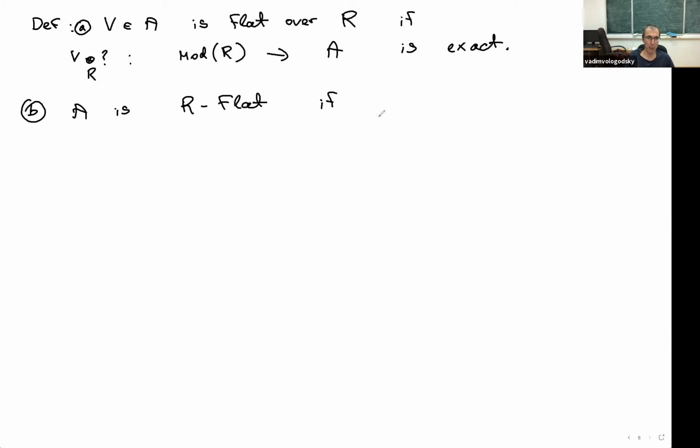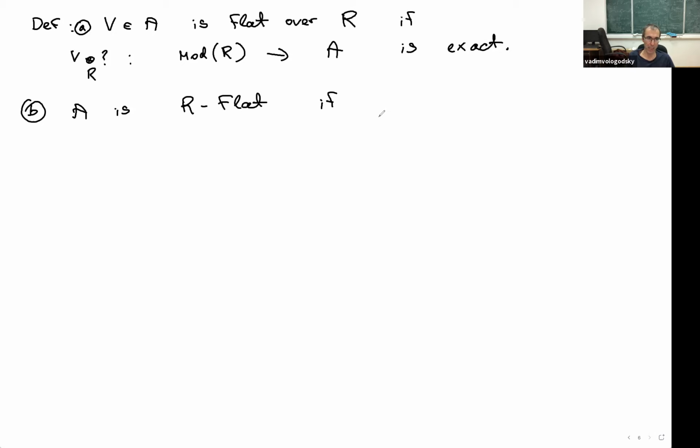Before I state the definition, here is a basic example. We know what it means for an associative algebra to be flat over R. If I have an algebra A which is flat over R, I want the category of modules over this algebra to be a flat category.